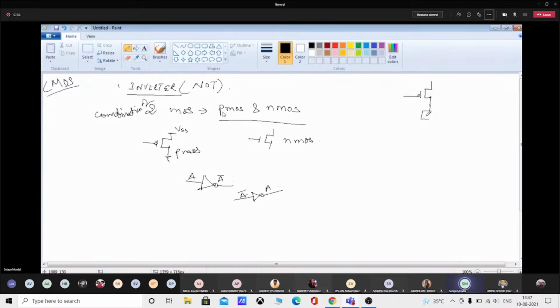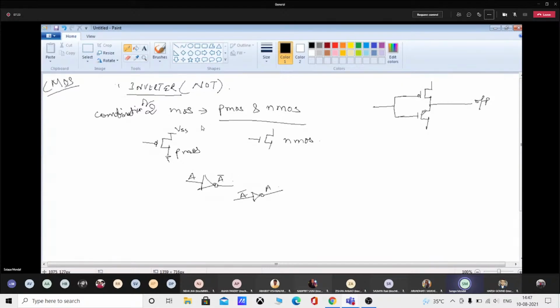Okay, and I told yesterday that from the middle of the pull up and pull down we will take the output. Okay, and we will make it as an input because we know that a NOT gate is having one input and one output.